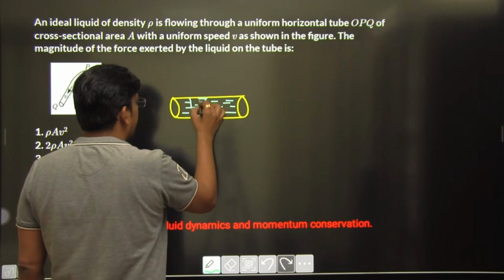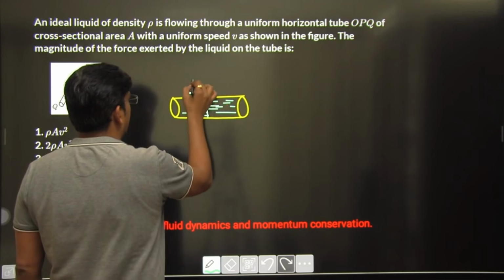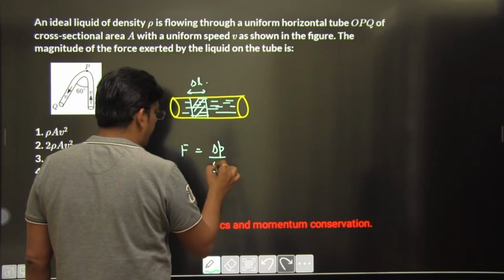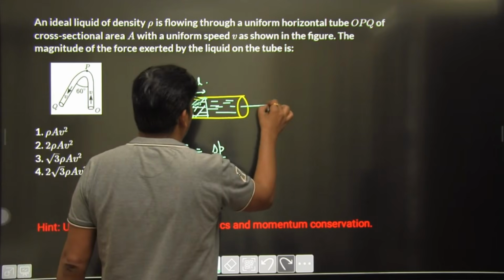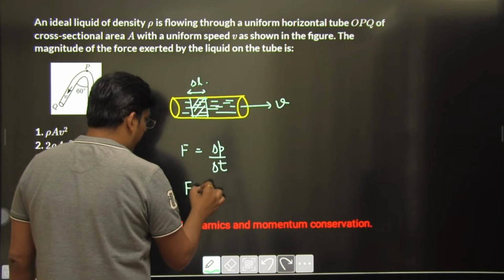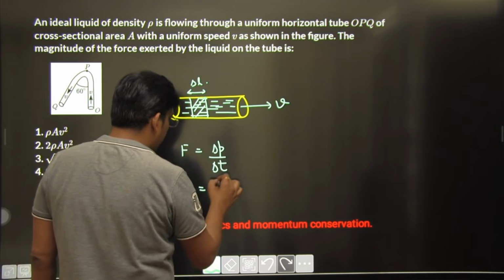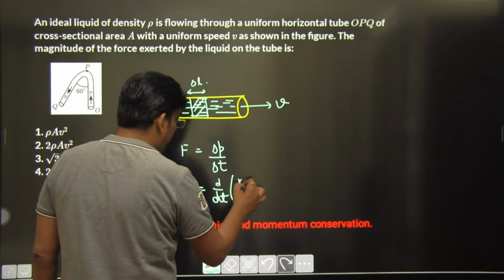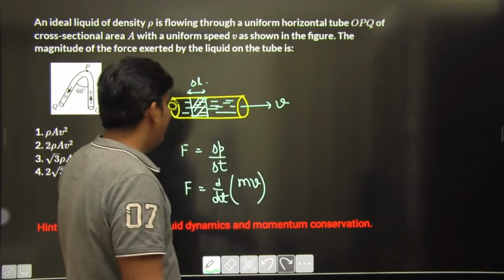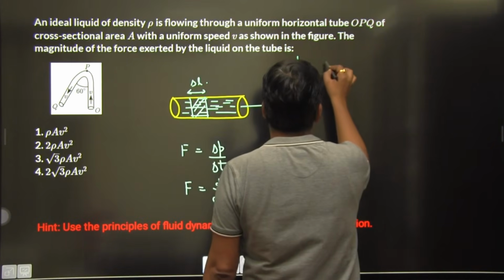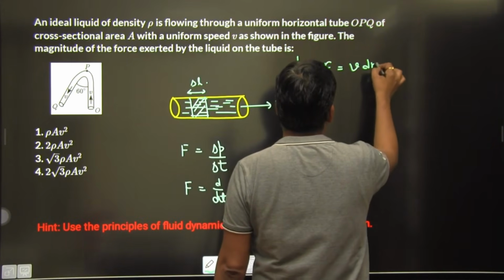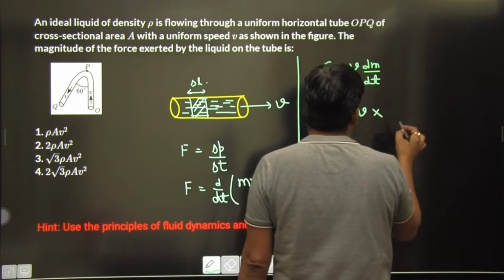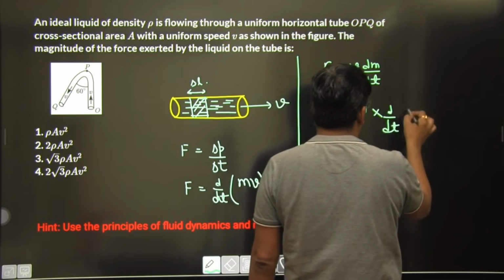Let us consider this portion, which is delta L. You know that force is equal to rate of change of momentum. Since liquid is coming out with velocity v, this was average force, this is instantaneous force. Momentum is mass times velocity. Since velocity is constant, v is taken out and we take the derivative of mass. Mass is density times the derivative of volume.